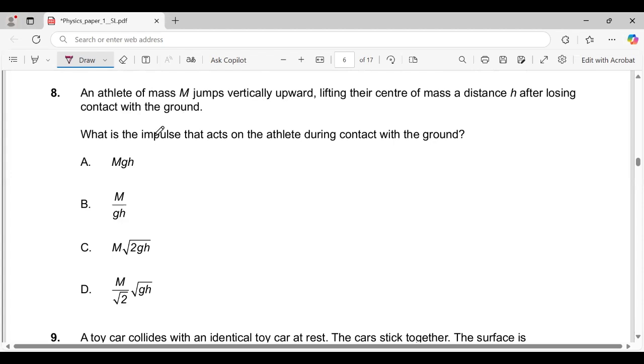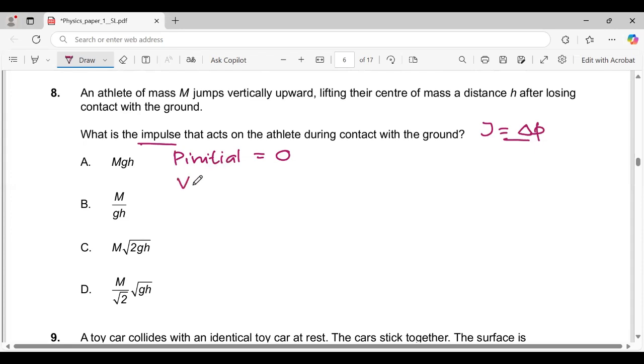Impulse, we are going to discuss impulse. Impulse is the change in momentum, and the formula of impulse is J equal delta P, change in momentum. And in this case, the initial momentum P initial equals 0. We use the kinematic equation to find the velocity just before the athlete leaves the ground.